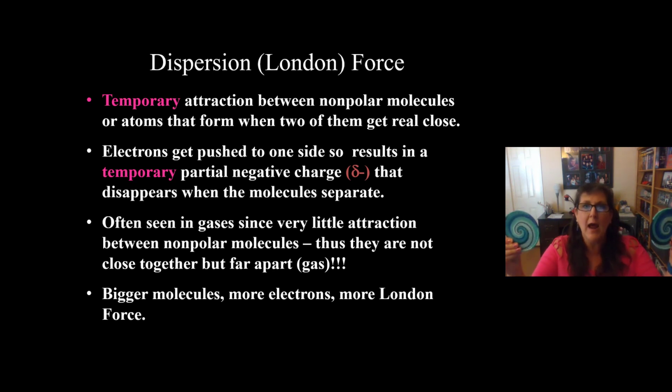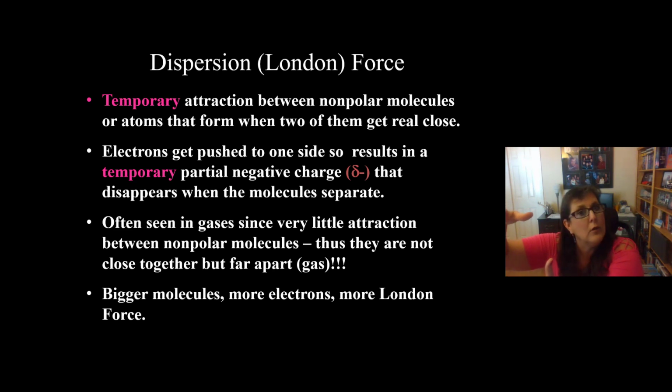So if you can imagine, I have 2 non-polar molecules here. Now, we know electrons go around the nucleus. They're going around and around and around. And let's say for one moment, all the electrons, or most of them, are on this side of the nucleus.